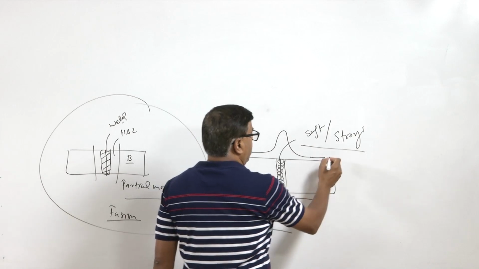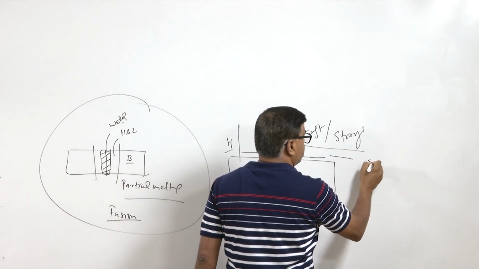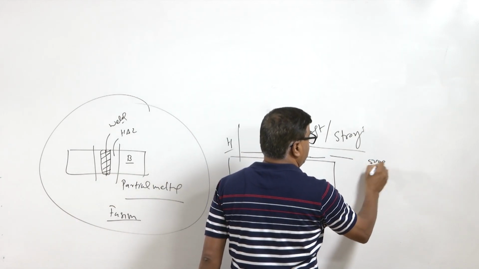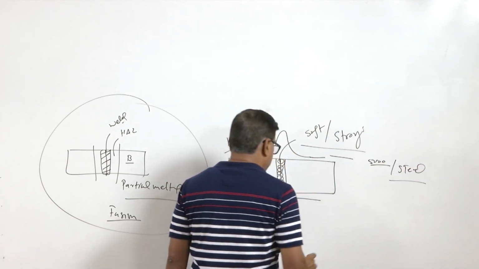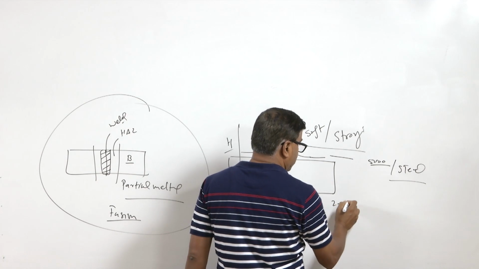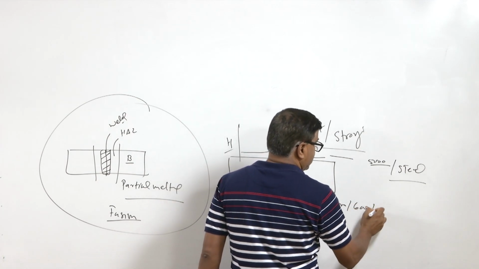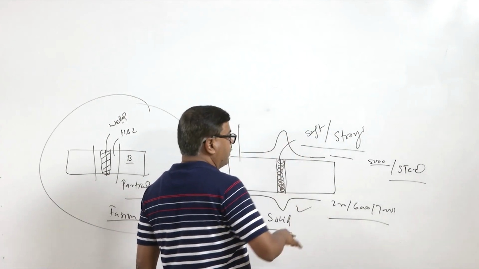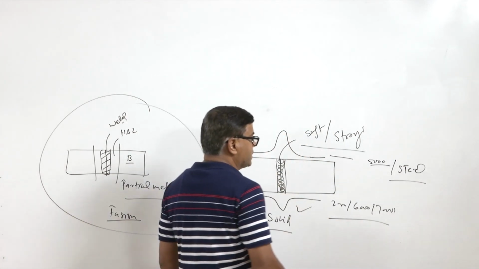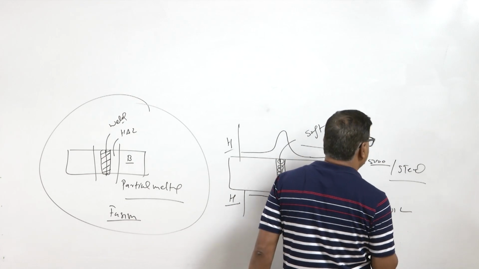Most of the 5000 series aluminum alloys and the steels show this kind of trend, while the 2000, 6000 and 7000 series aluminum alloys show this other trend where softening takes place, because these do not show appreciable hardening tendency.